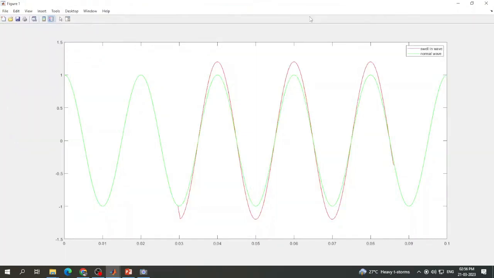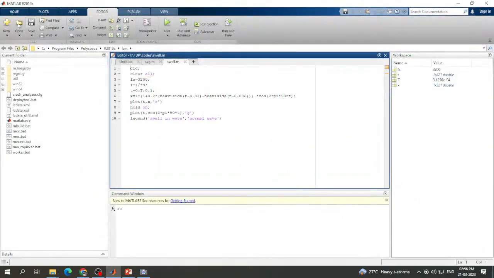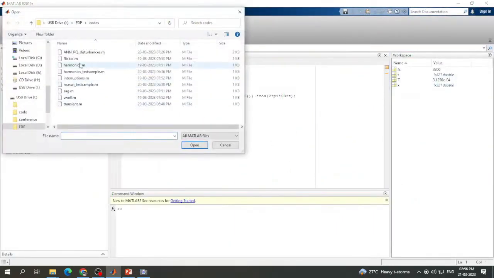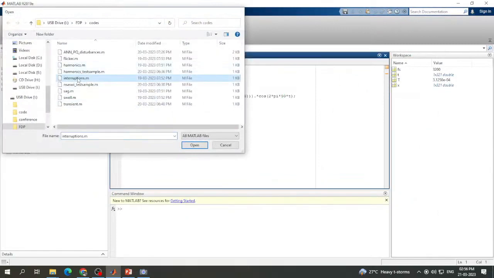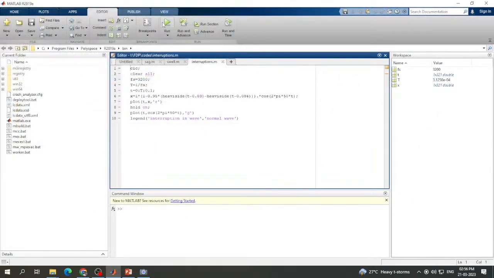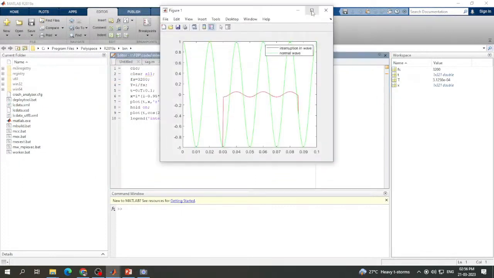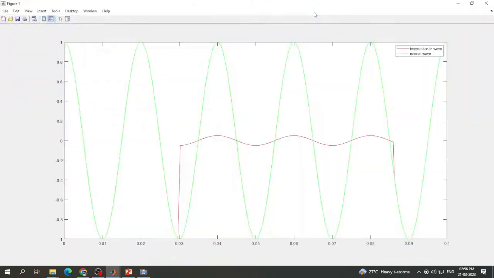This one is showing a signal whose maximum value is more than 1.1 per unit. This is the interruption one, whose value is between 0 and 0.1 per unit.